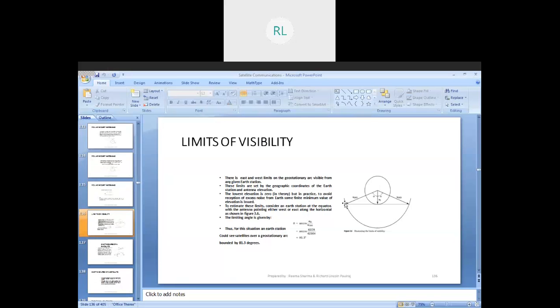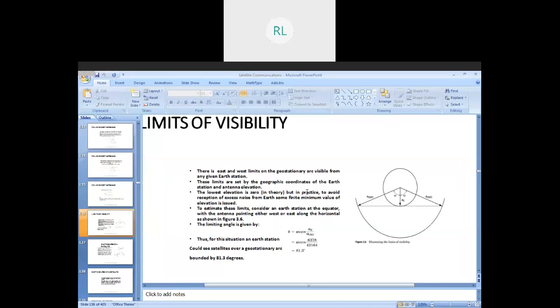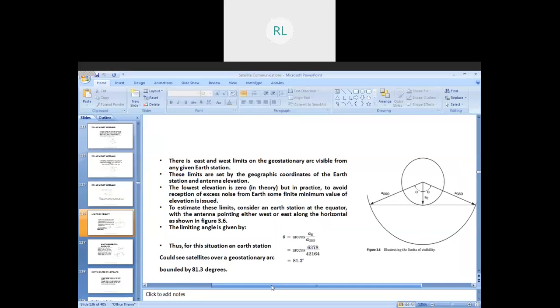We have something called limits of visibility. There can be scenarios just like a solar eclipse or lunar eclipse, where the sun goes invisible or the moon comes in between, and the shadow is falling on Earth.